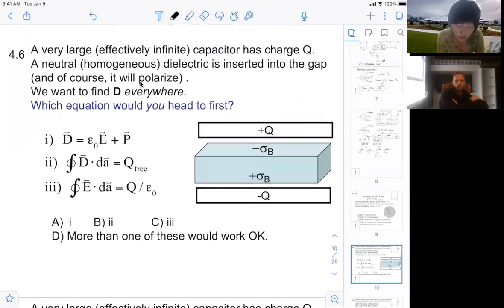Then you insert dielectric material in between the plates, and it will polarize, with negative bound charge on top and positive bound charge on the bottom. Let's say you want to find D everywhere. Which equation would you go ahead and use first? I'll let you think.